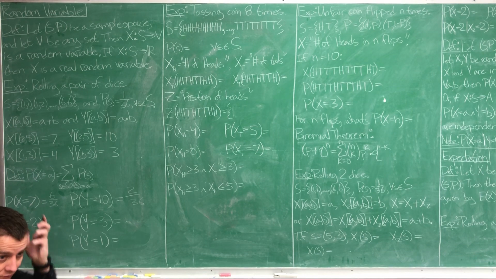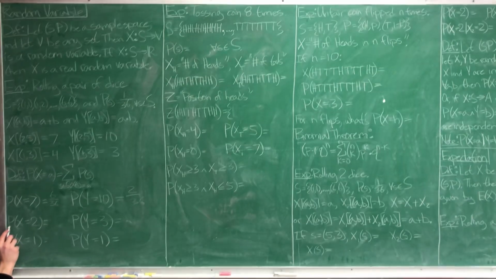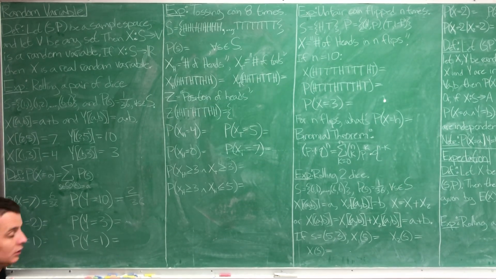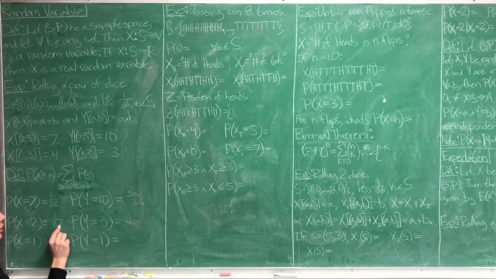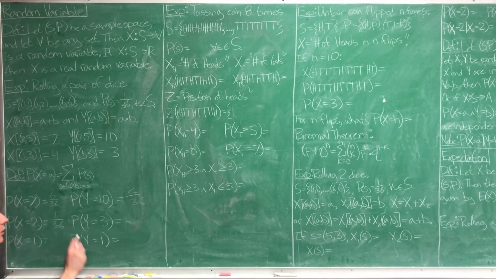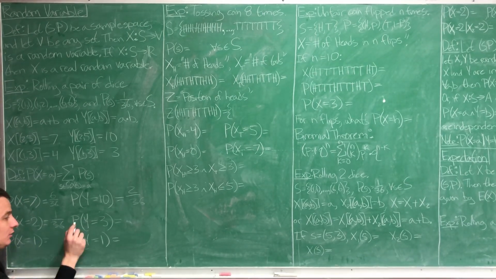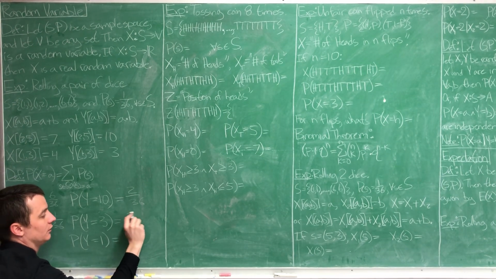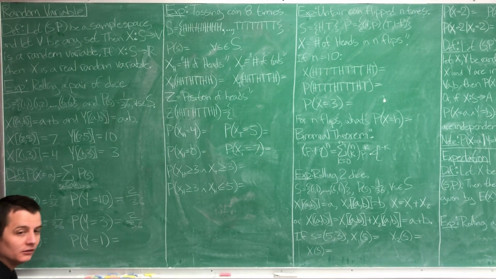Make sense? Okay. What's the probability that x is 2? 1/36. There's only one way for x to be 2. That's if you roll a 1 and 1. What's the probability that y is equal to 3? 2/36.